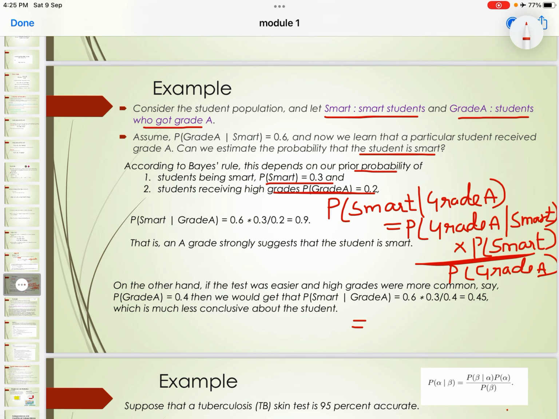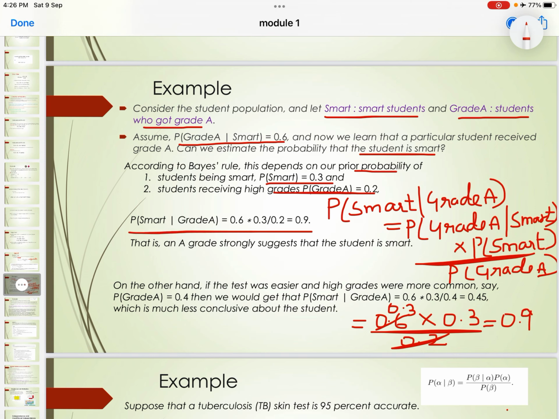P of grade A given smart is 0.6 into P of smart is 0.3 upon P of grade A is 0.2. So this is 0.9. So grade A strongly suggests that the student is smart, because you got the probability as 0.9, which is very close to 1, and 1 is your maximum probability.